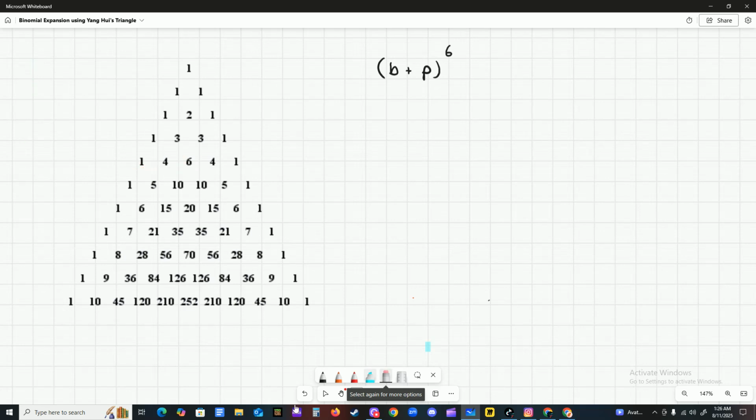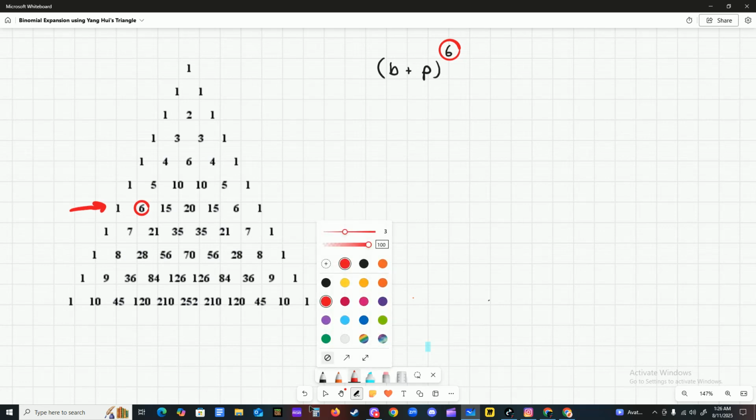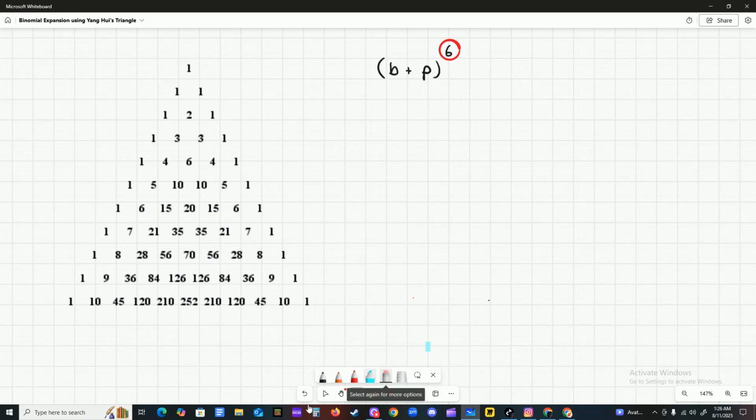We don't know which row that is, but it's not numbered. Well, we know the exponent is a 6, which means we've got to find the 6 on the diagonal, which is right here. So we're going to be using this row right there. Cool? Cool. All right. So let me just highlight that because I need to know it. Boom. All right, perfect.